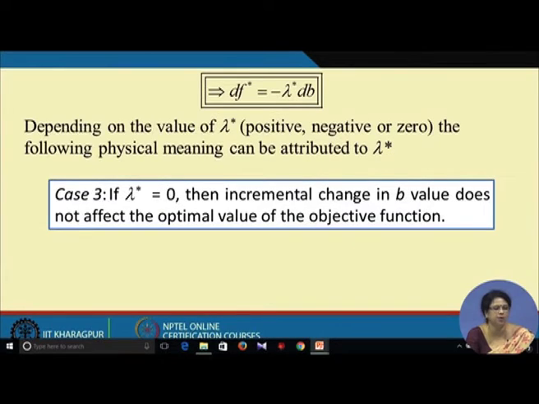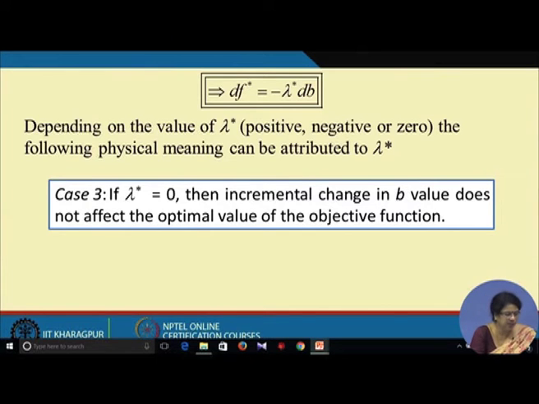That is why it is being said that for lambda star is equal to 0, it has no effect even if I change b. Hope it is understandable. That is why lambda star is an amount that gives a lot of thing in the economic interpretation. That is why it is being named as the shadow price in optimization problem.